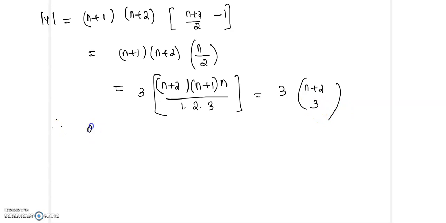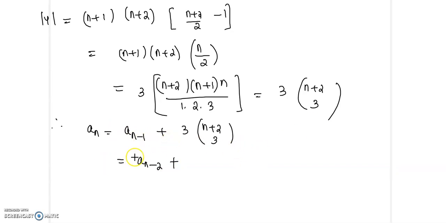So therefore a_n will be equal to a_(n minus 1) plus 3 times n plus 2 C3. Now that will be equal to a_(n minus 2) plus, let us do back substitution.